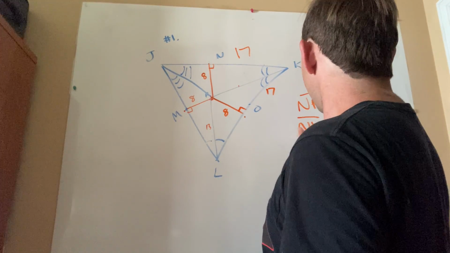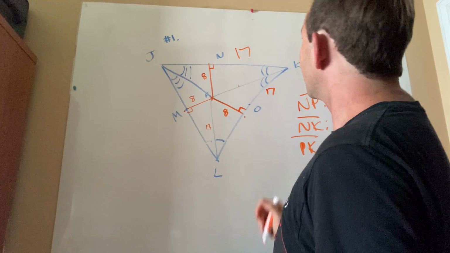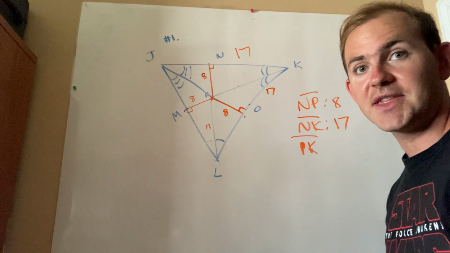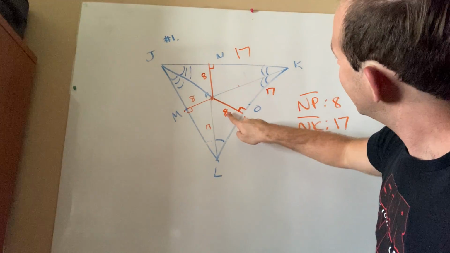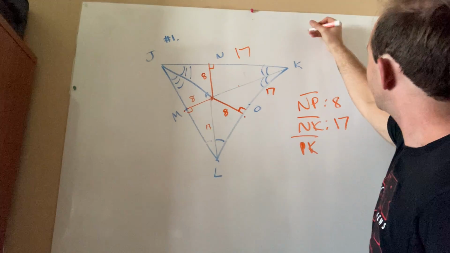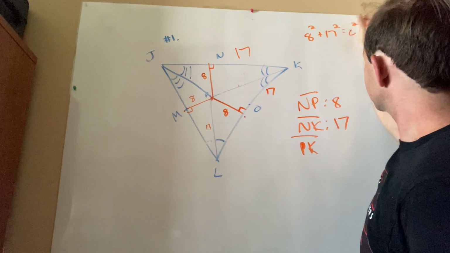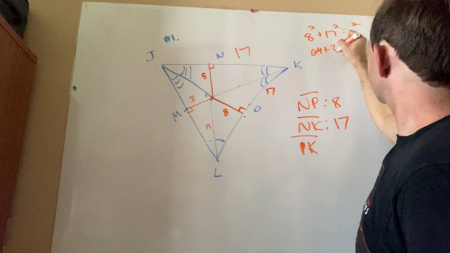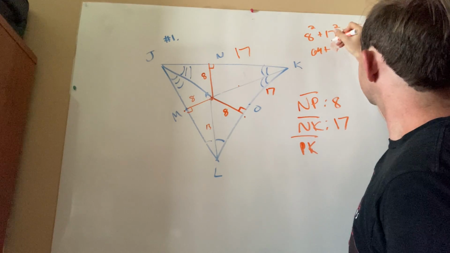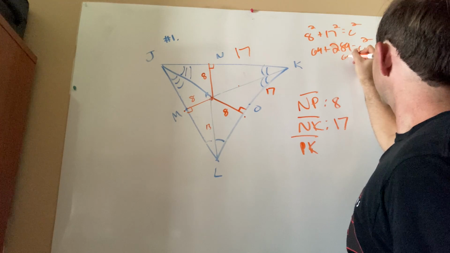All right, PK, where's PK? Now this one, I may actually have to use my best friend, the Pythagorean theorem. Notice I have two legs and I want to find the hypotenuse. So to find PK, I would do 8 squared plus 17 squared equals c squared. 64 plus, sorry about that, 289 equals c squared. Let me actually add those numbers together.